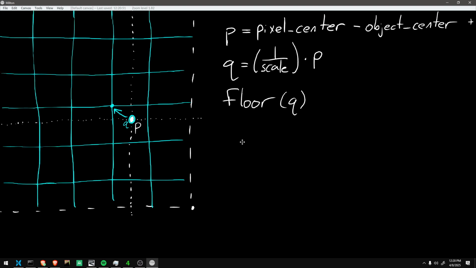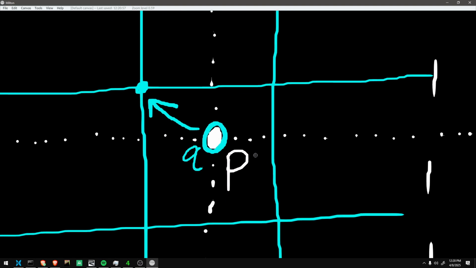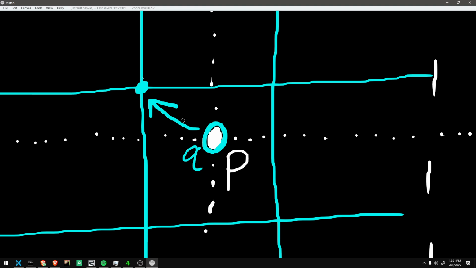And then another thing we want to look at is from the perspective of just this box. If we imagine that this is 0, 0, then we can ask how big is Q from this perspective, right?